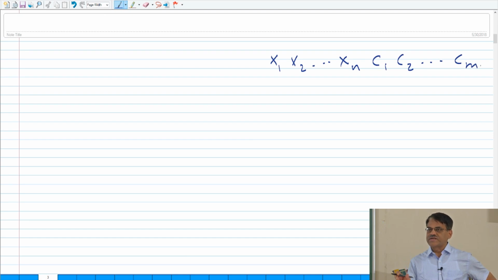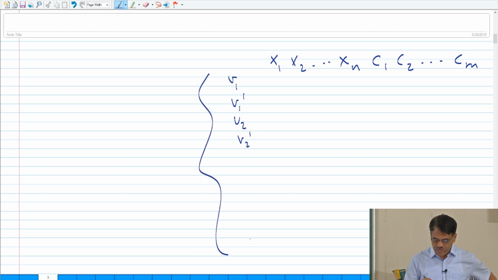Each number is an n plus m digit decimal number. I am going to write 2n plus 2m numbers. Let us write these numbers as V1, V1 prime, V2, V2 prime. The number of numbers I promised is 2n plus 2m: 2 for each variable and 2 for each clause.